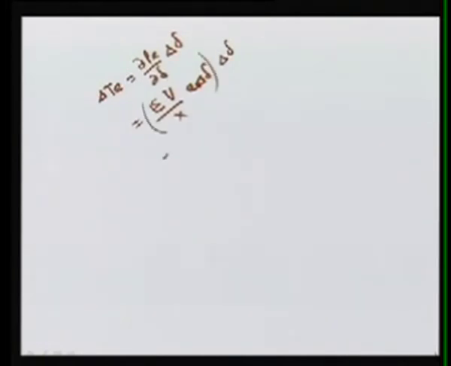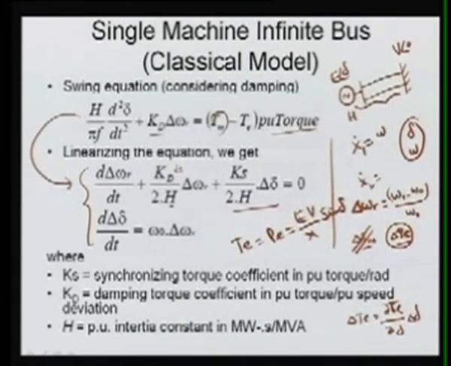This term is nothing but your Ks, and that is known as the synchronizing coefficient or synchronizing torque coefficient. So we can write this. In this equation I have used the Ks term that is appearing, and the 2H is coming from that side.